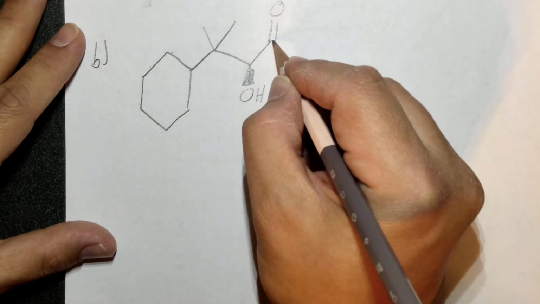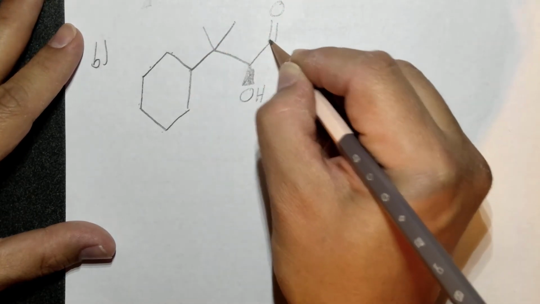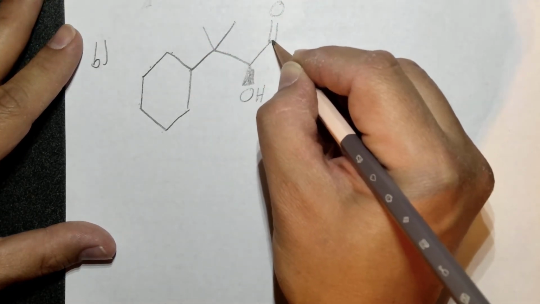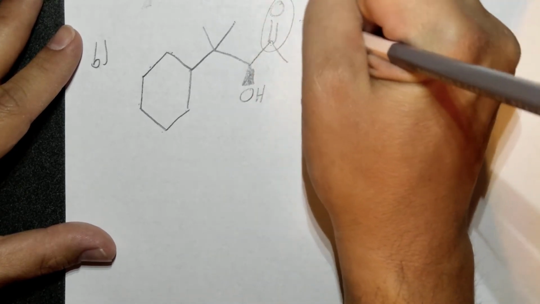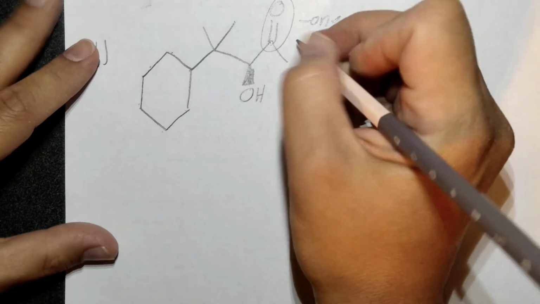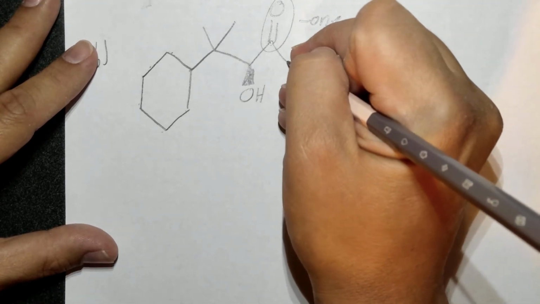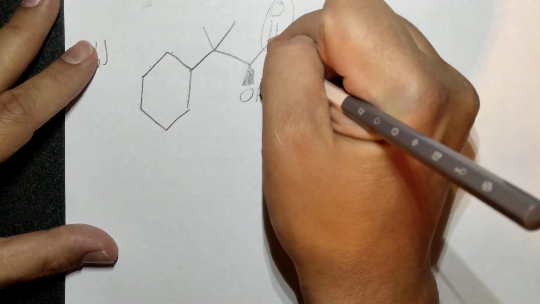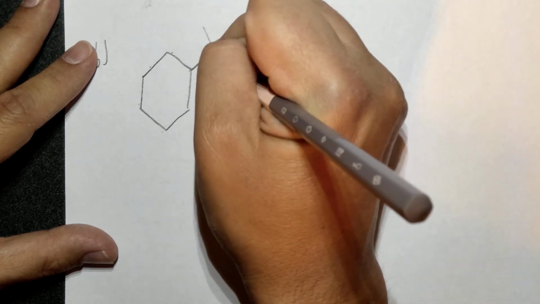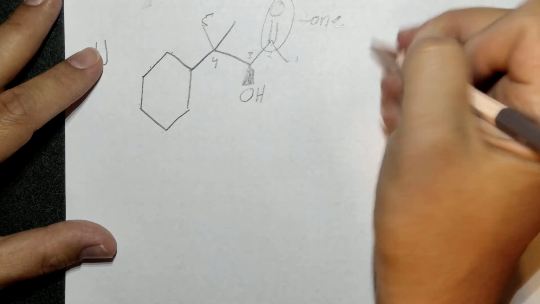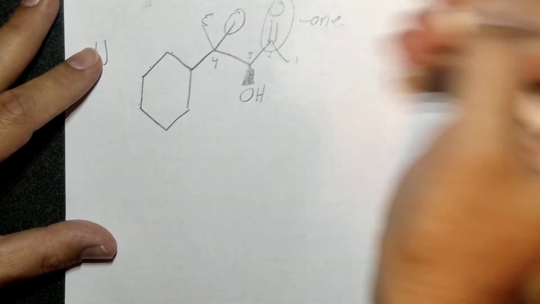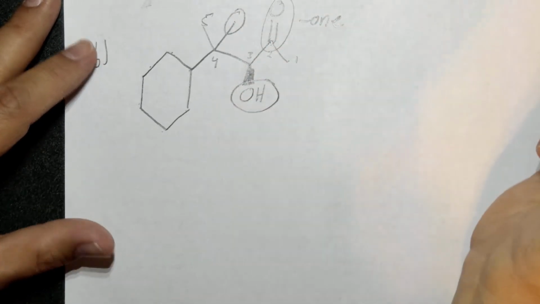And in this case, it is the linear portion that contains the highest priority functional group, the ketone. So right here, this is the ketone. And so what that means is you're going to number it 1, 2, 3, 4, and then 5. So it is a 5 carbon chain with a methyl substituent and an OH substituent.